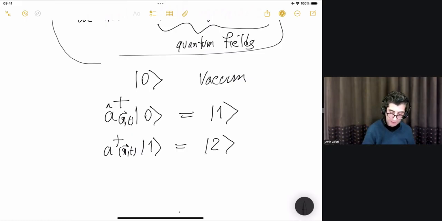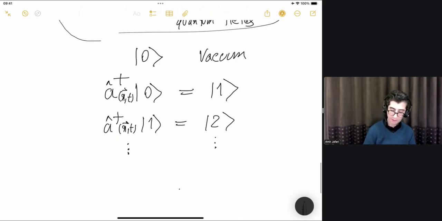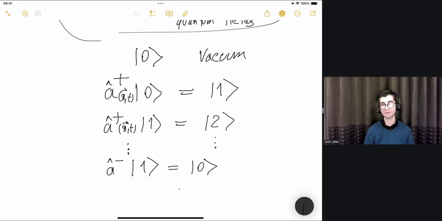So let's put hats on it because it acts on quantum states. It should also have another part, if you like. So this can go forever. Three particle states, four particle states can be created the same way. The annihilation part of the field, or annihilation operator, acts on a one particle state and gives you your vacuum back, by annihilating the particle in that state.